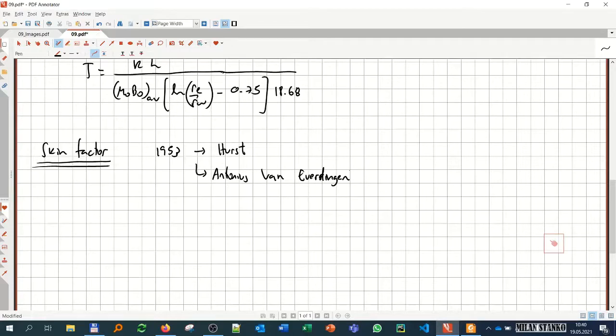Sorry for my Dutch. This was a Dutch mining engineer. They were from Shell, both working in Houston. And I think I have a picture here.